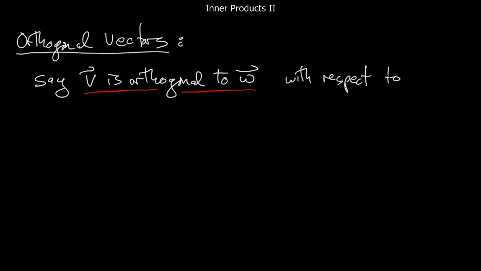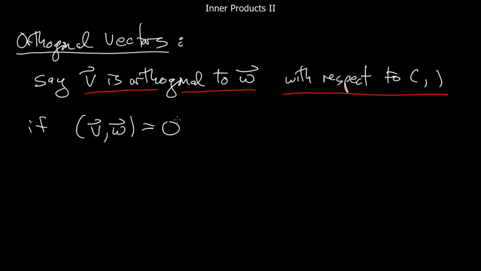If you're in Rn and it's the usual dot product, that's fine, but in general you have to specify. So you say with respect to a given inner product, two vectors are orthogonal if their inner product is 0. So this is a crucial point. There's not just one notion of orthogonal. It depends on which inner product you're using.